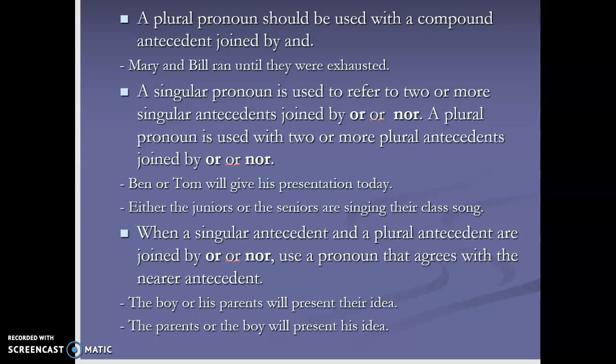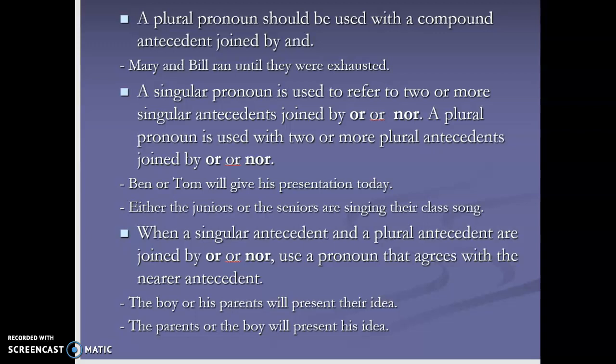If it's joined by or or nor, and they're both singular, Ben or Tom, we're going to use the singular pronoun, his. If plurals are joined by or or nor, either the juniors or the seniors, we use the plural pronoun, their class song.